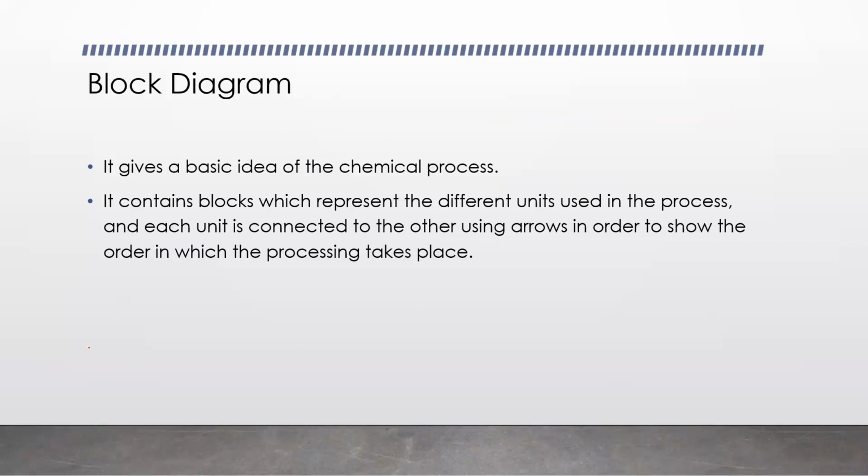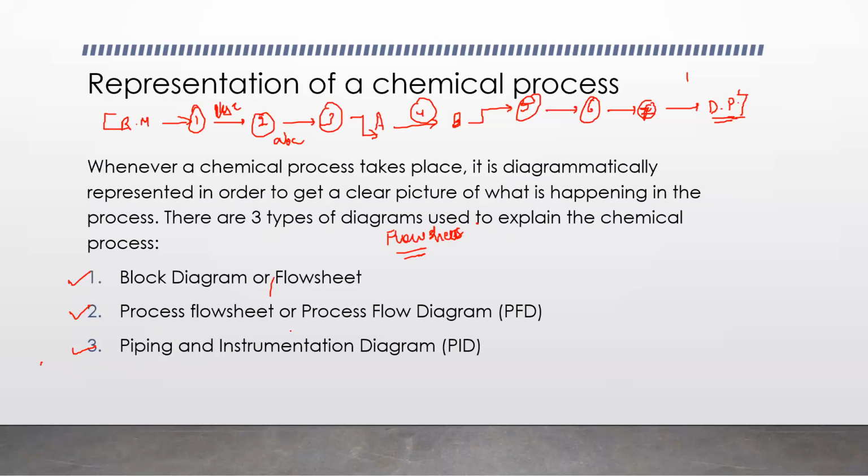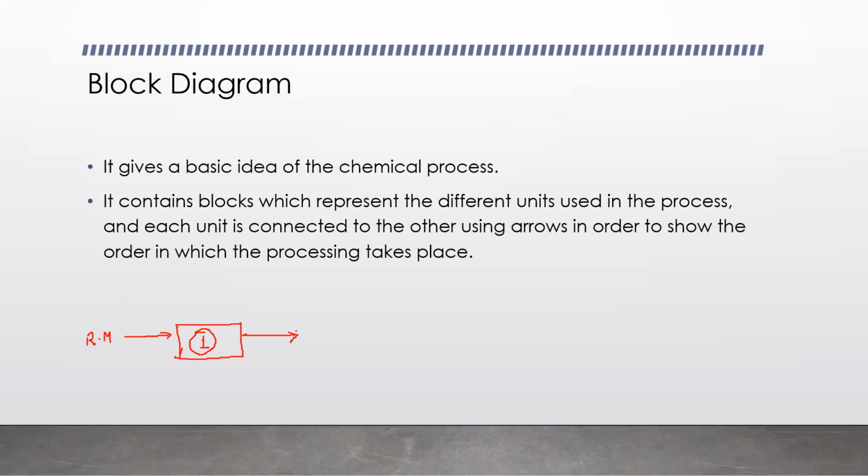So to form a block diagram for this, we are going to take our raw material here and draw a block which represents unit operation number 1. All right. Then whatever comes out from here goes into 2, right? So we are going to draw another block that contains unit operation number 2. All right. And then we are going to do it so on.